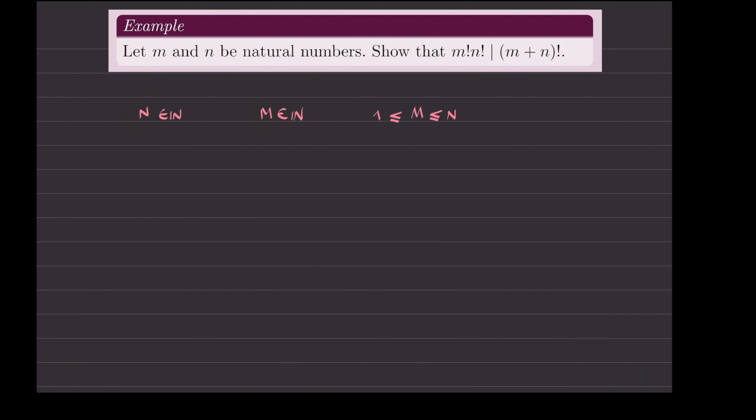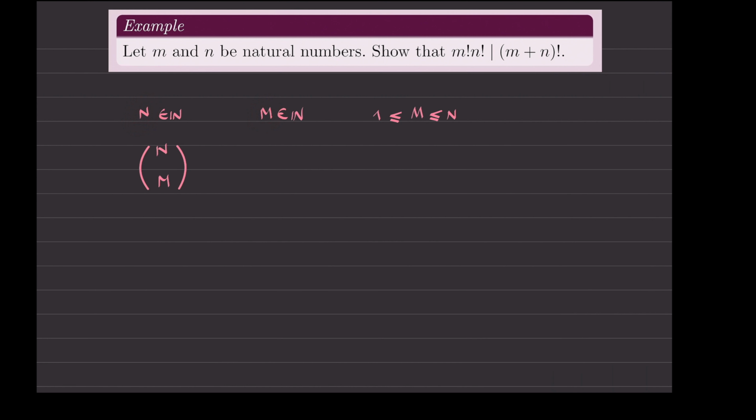So we have a binomial coefficient that you write in this form: n choose m. This is the number of ways that I can choose m people out of n people if the order of how I choose them is irrelevant.